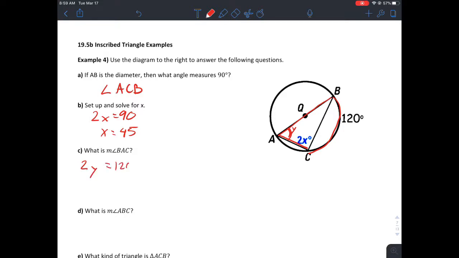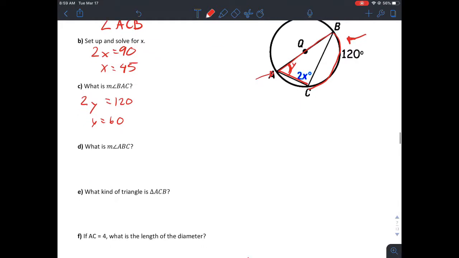We know that 2y would equal 120. Y is going to equal 60. If this kind of setup confuses you, just always remember that the angle measurement is going to be half that of the intercepted arc measurement. So the arc should always be bigger than the angle. Put a little degree symbol.